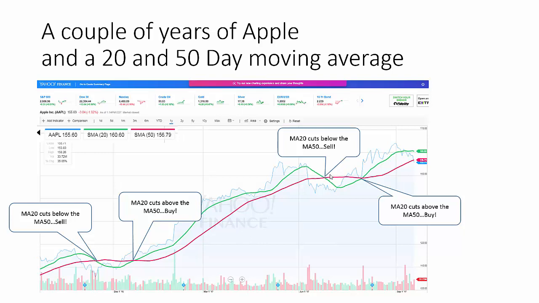And so again, in this area right here, as this green line goes down below the pinkish red line, this is an indication that we probably want to sell out of Apple stock. And then there's another momentum shift again. And yet again, we get a place where the 20-period moving average cuts above the 50-period moving average. And this is an indication that we want to buy back in.